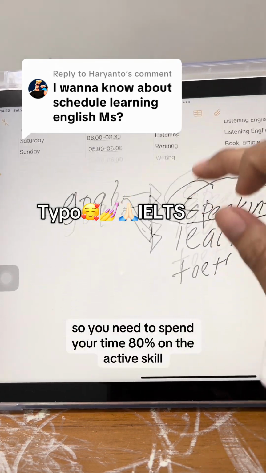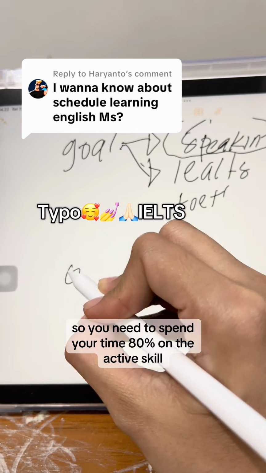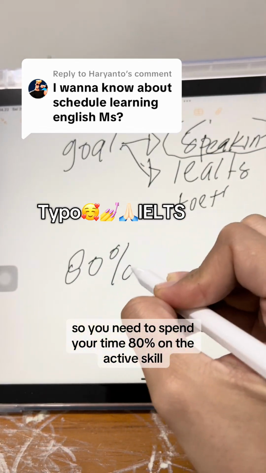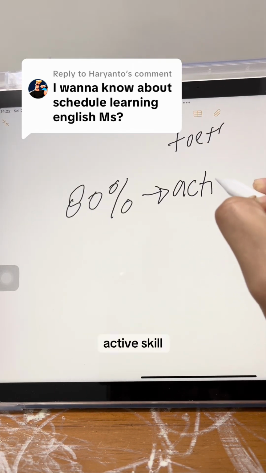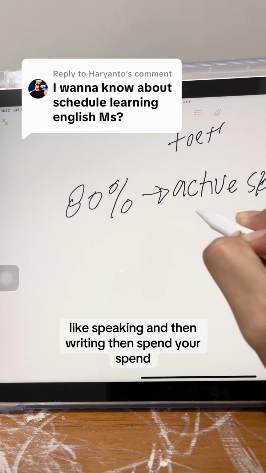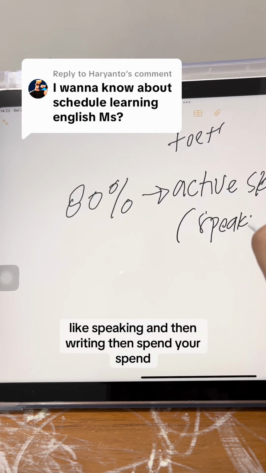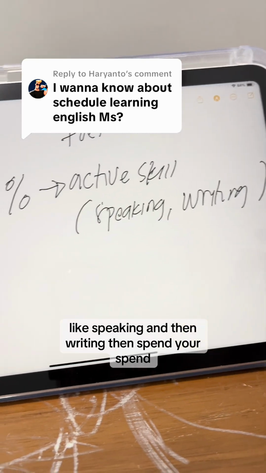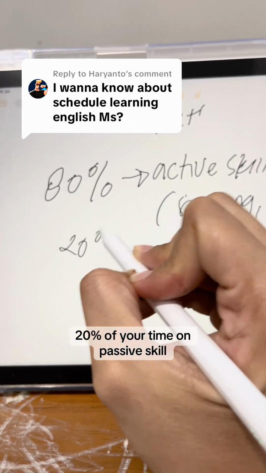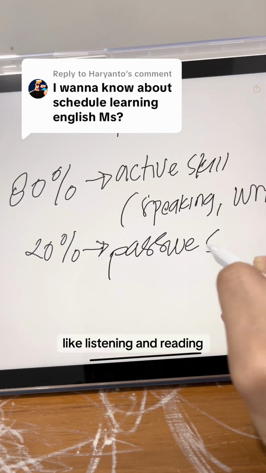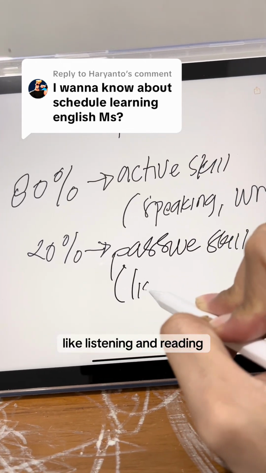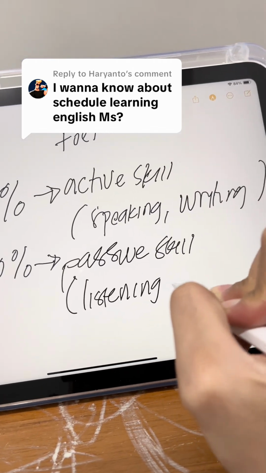If, for example, your goal of improving English is you want to improve your speaking skill, so you need to spend 80% of your time on the active skill like speaking and then writing. Then spend 20% of your time on passive skill like listening and reading.